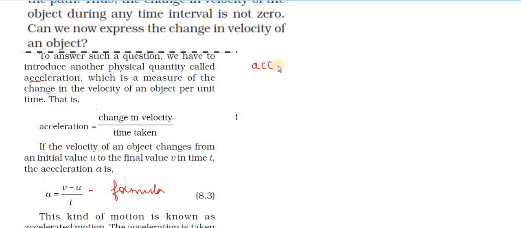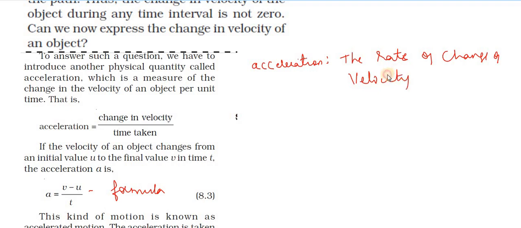You can write the formula to find acceleration, and acceleration is represented by small letter a.